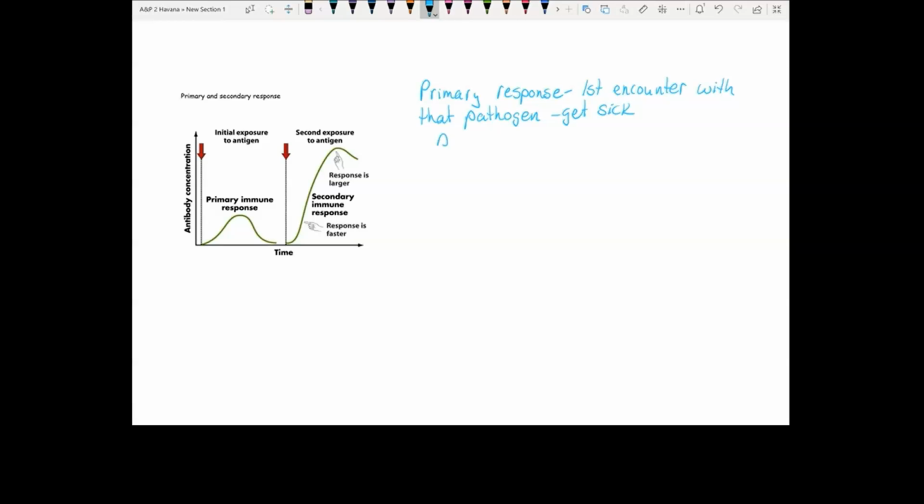So you have to do antigen challenge and clonal selection. Remember, this takes days. This could take about a week to do. So during that week, you're sick because your 3rd line is not up and running yet. But remember, once you do this, you make memory cells.